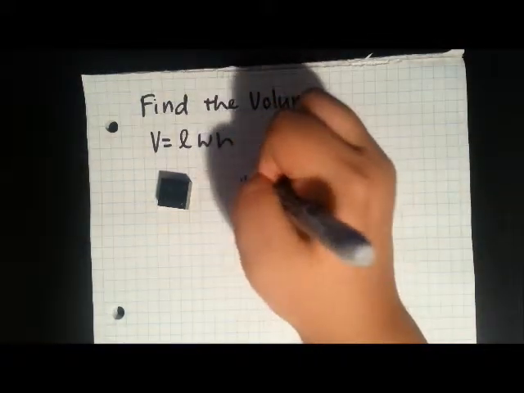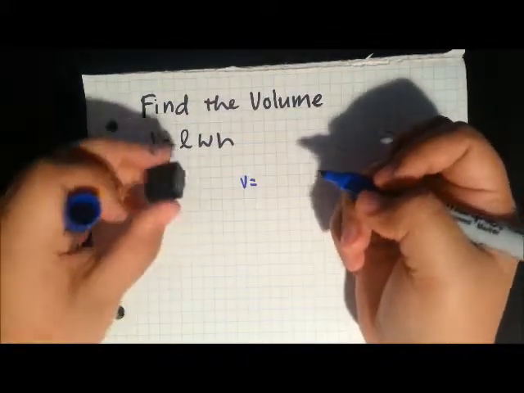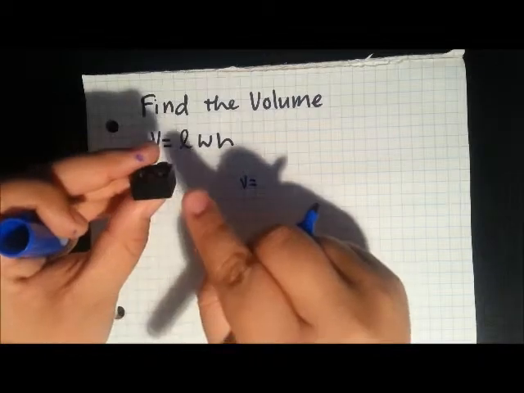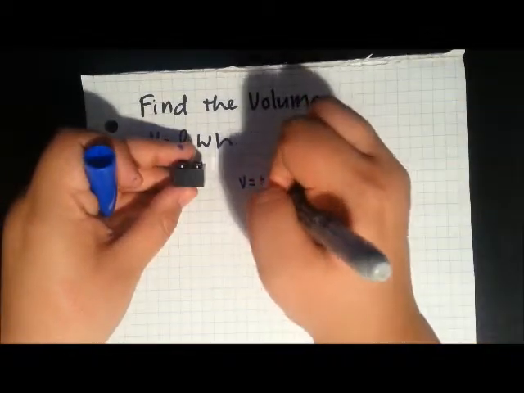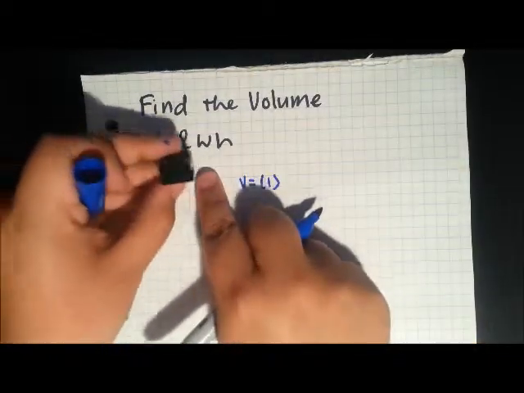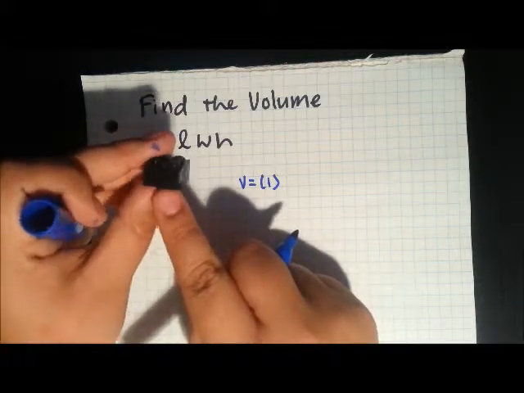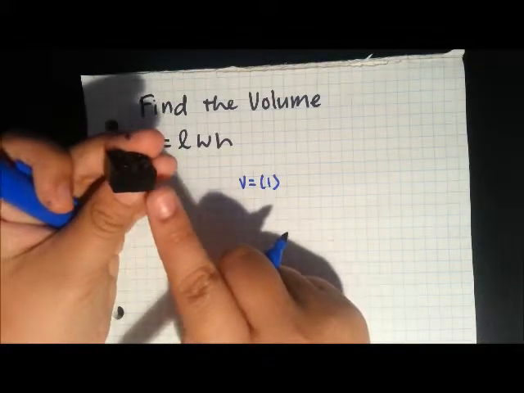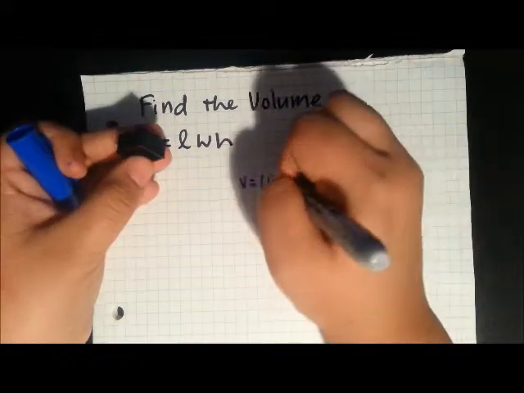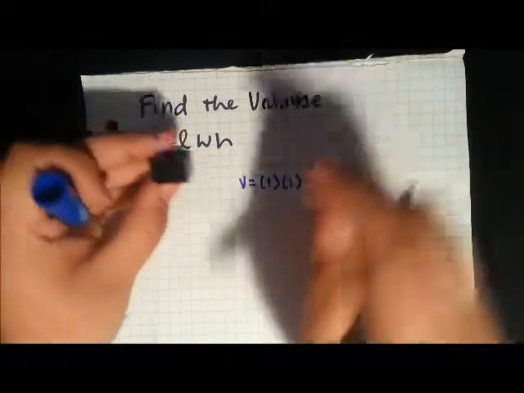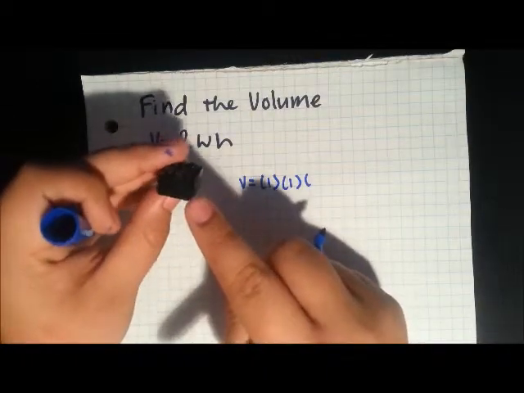So volume is equal to our length. What is our length? Our length is 1. So 1, our width. This is our length. Our width is this one, 1. And our height is right here.